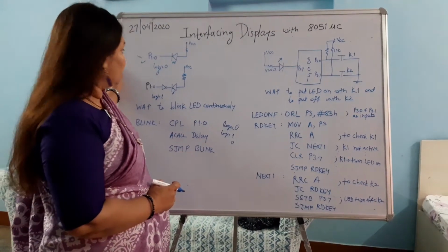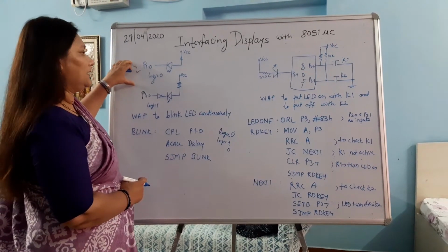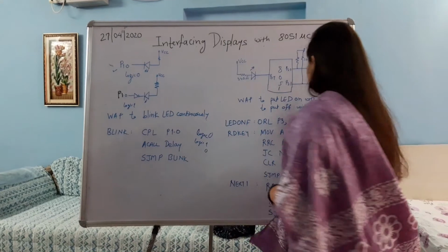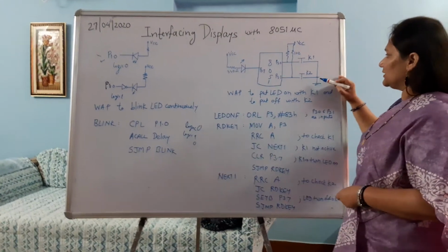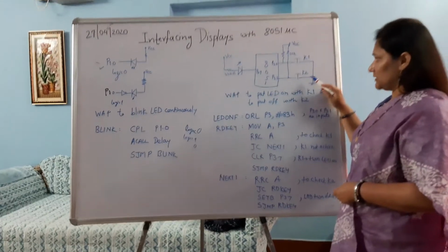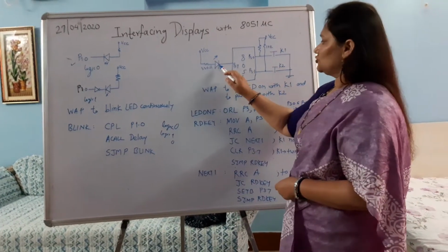Now suppose we are still talking only about interfacing one LED. If you have been provided 2 keys, key 1 and key 2, and you are asked that if key 1 is pressed, then the LED should be on.